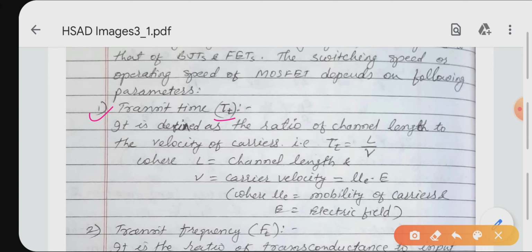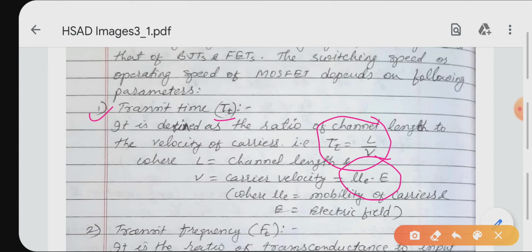The transit time of the charge carriers is defined as the ratio of channel length to the velocity of charge carriers, which can be written by using this formula, where L is equal to channel length and V is the carrier velocity, which can be written as mu e into E, where mu e is the mobility of charge carriers and E is the electric field applied.